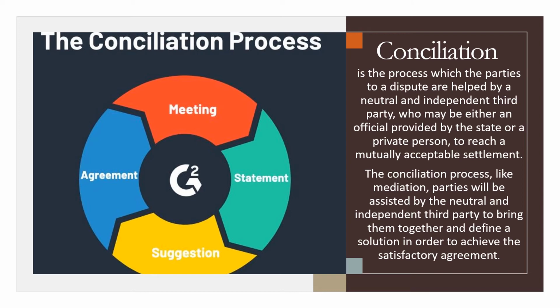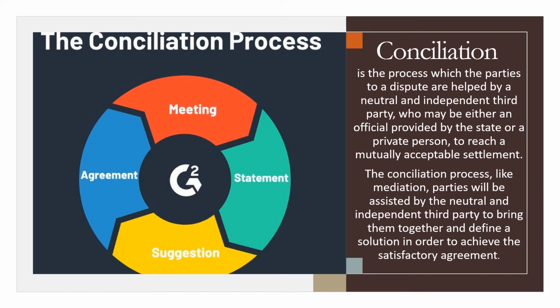So this conciliation, as I said, is similar to mediation. All the conciliator does is try to suggest options for the parties in conflict. When people are in conflict, they try to be rigid. They try to stand on what they want. Okay, this is what I want, and I'm not going to go for less. But the work of a conciliator is to bring several options before them and say, okay, why don't you look at this option?